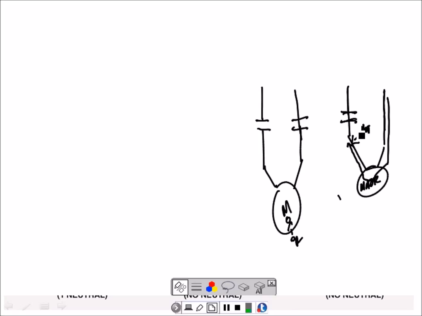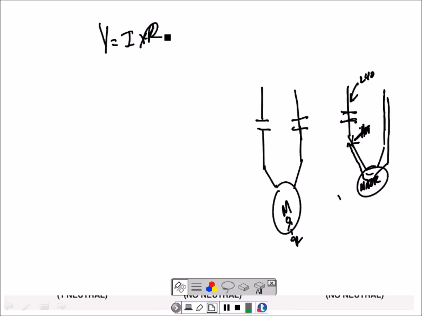Okay, y'all understand? Yeah, right here. So you're going to have 240 volts right here, and you're going to have 240 volts right there, but the motor's not going to run because the contacts are open. Now, the voltage is coming through the motor coils, and since there's no current flow because the motor's not running, voltage drop is equal to I times R. Y'all understand that?